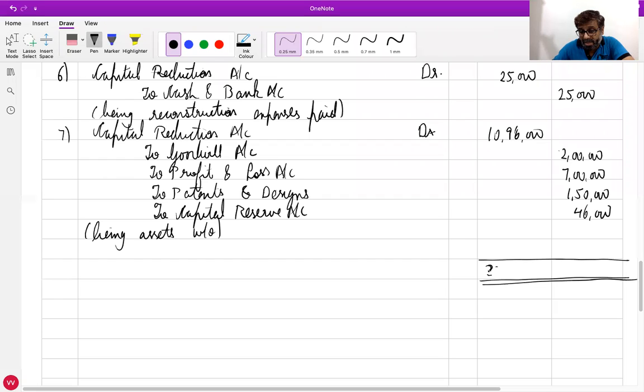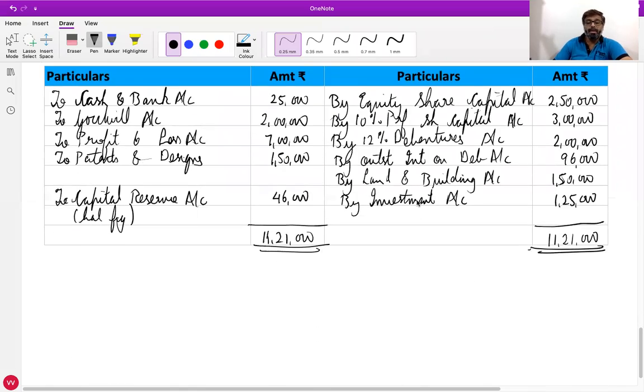All of you just verify, is it 30 lakh 92,000? Is it correct? Everyone is able to? Yes, sir.